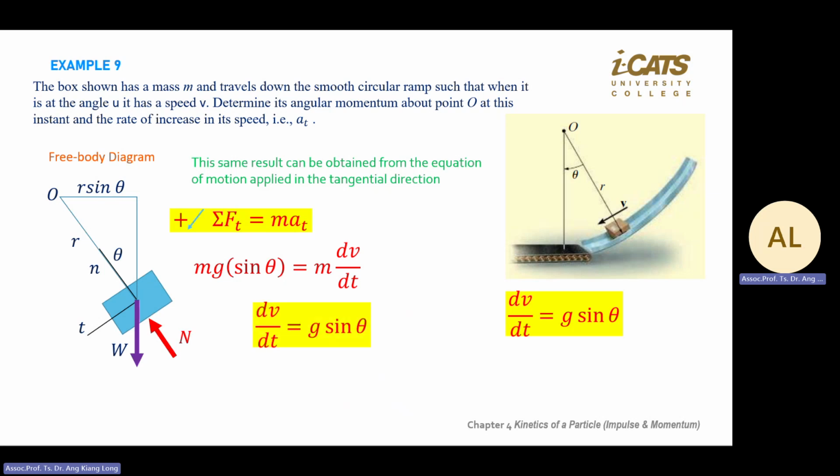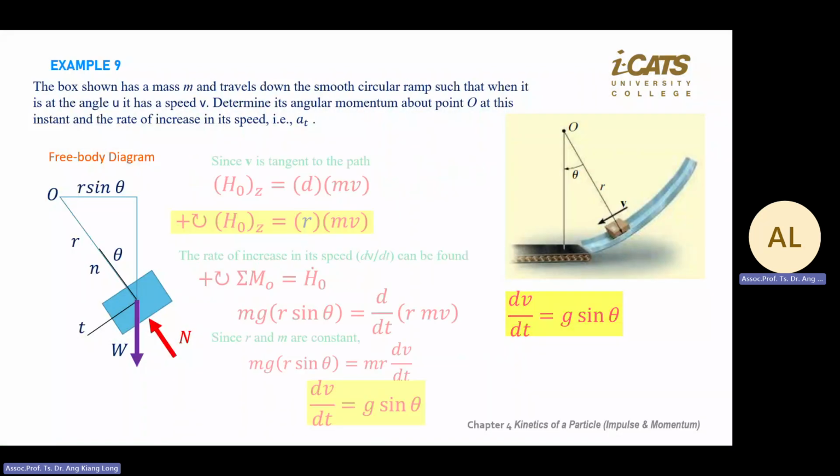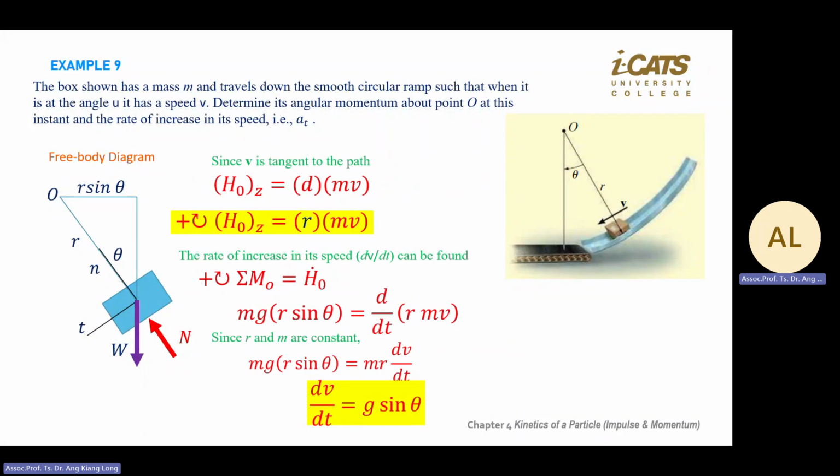So this is the thing: H equal to r times mv, and moment equal to H dot. On the left-hand side is the effect of forces. On the right-hand side is the time differential of your angular momentum.